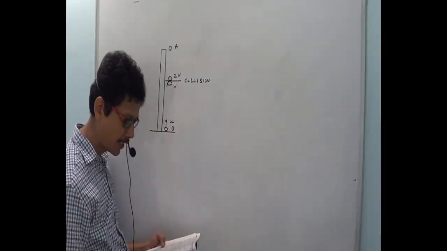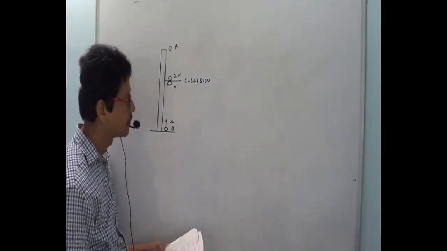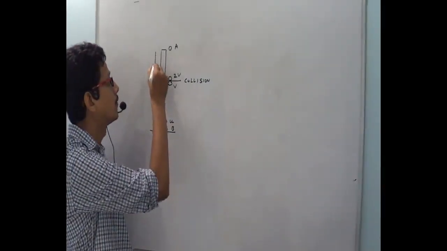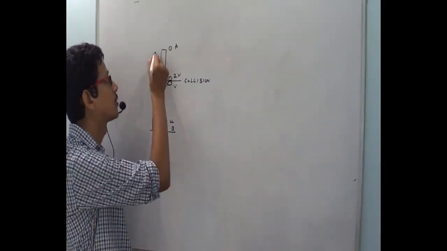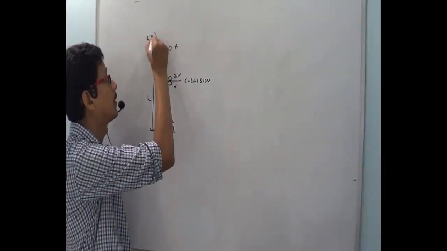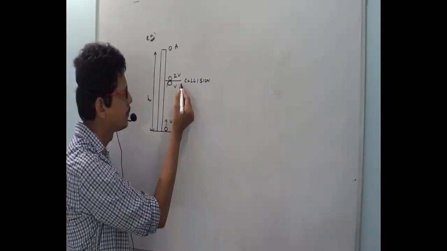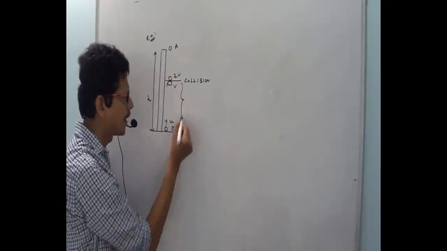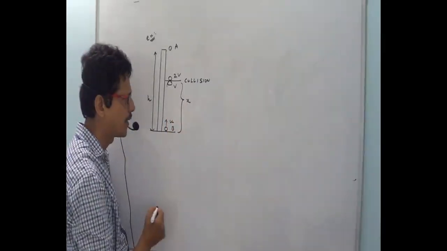What fraction of the height of the building did the collision occur? If the total height of the building is h, this is the first example for today, and this is x. We need to calculate x by h.